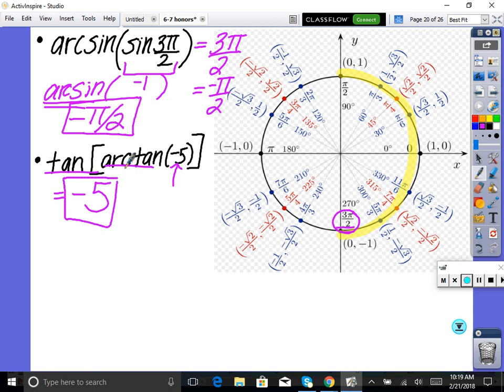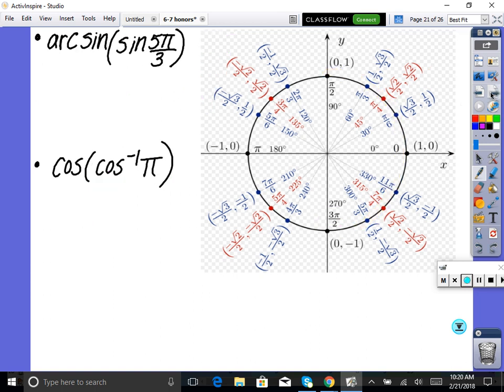We're going to find the correct angle, and then when we go backwards, we're going to be back at negative 5. Everybody good? Okay.